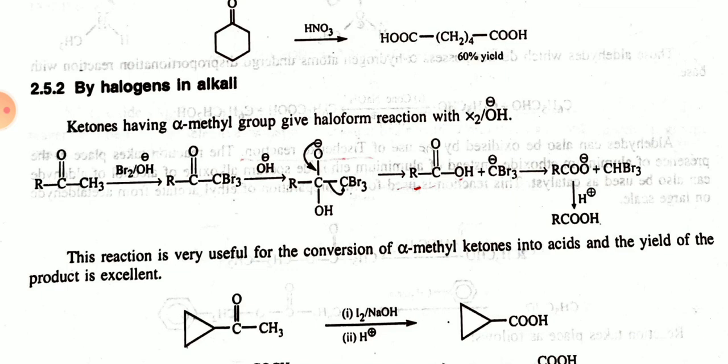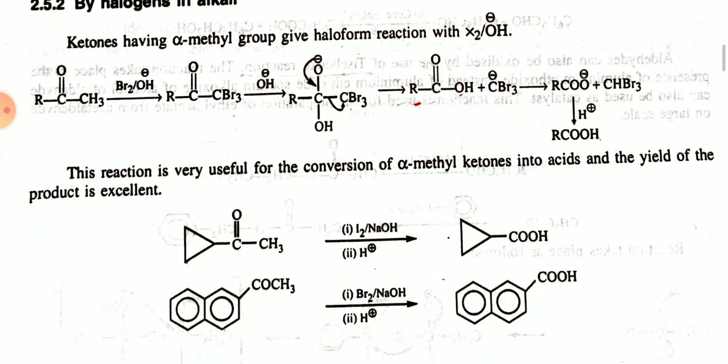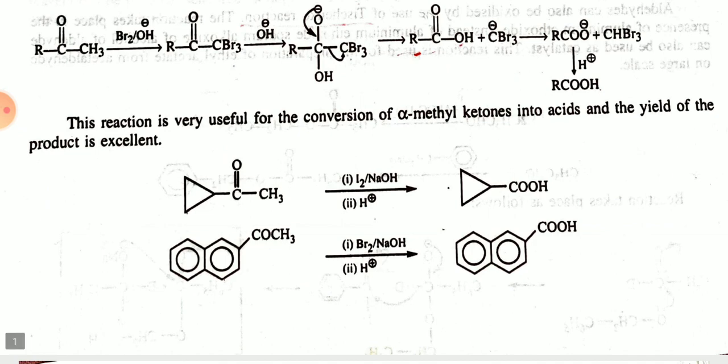This reaction is very useful for the conversion of alpha methyl ketone into acids, and it yields an excellent product. Here you can see, in an oxidation of a carbonyl group, you just have to remove the carbonyl group from the attached group, and put the COOH group over there.